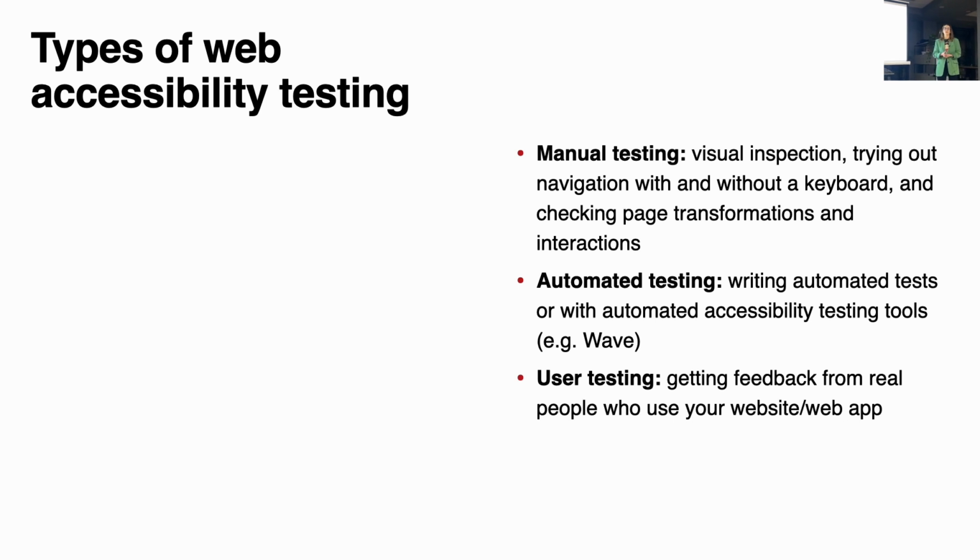I'm going to show it a bit later. I have to say that automated testing is just an addition to manual testing because it cannot test everything. We have to manually check not some, but a lot of parts of the app that need a human perspective. And of course, user testing, getting feedback from real people who use the app.